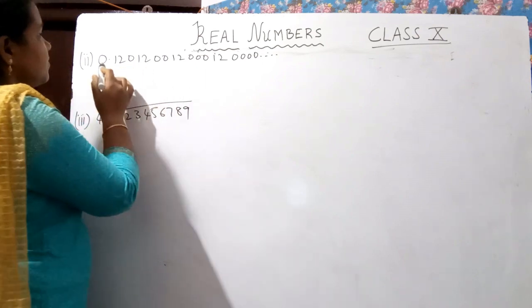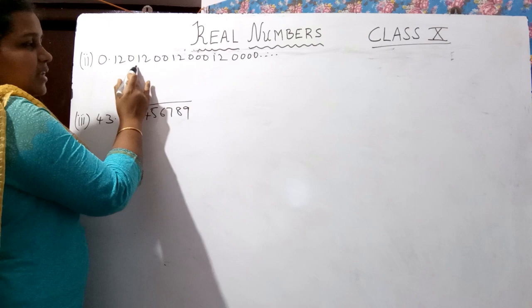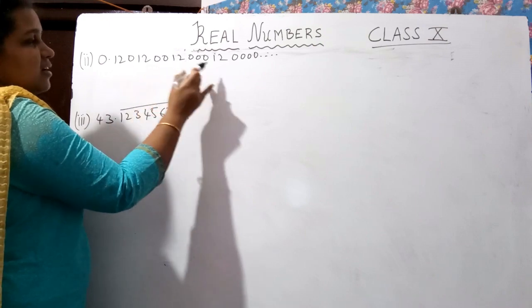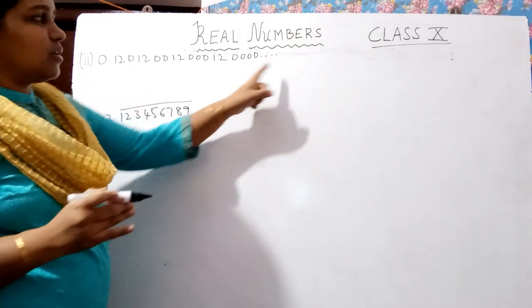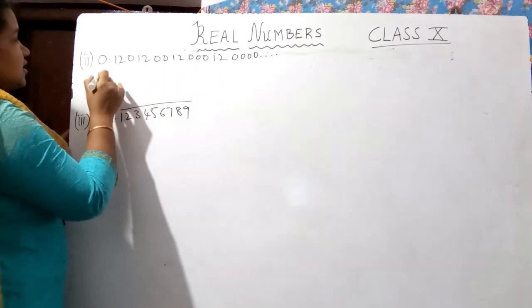Now here if you observe 0.120, here it is 120. The next time the number of zeros is increasing, which means it is non-terminating and it is not repeating. So it is not a rational number.